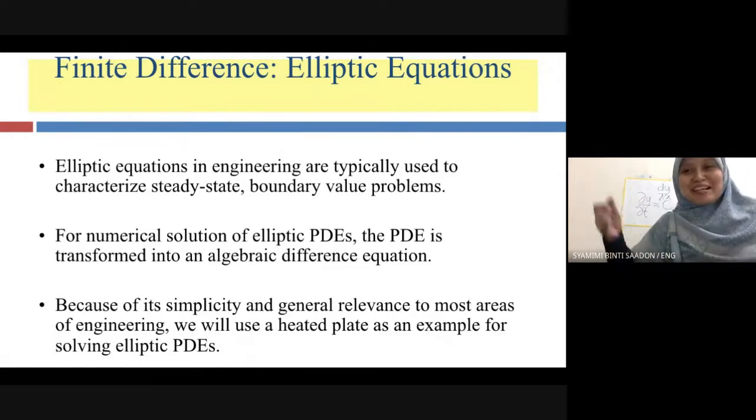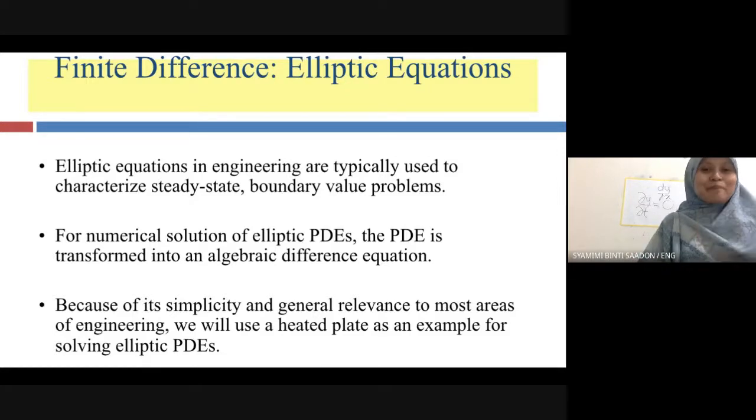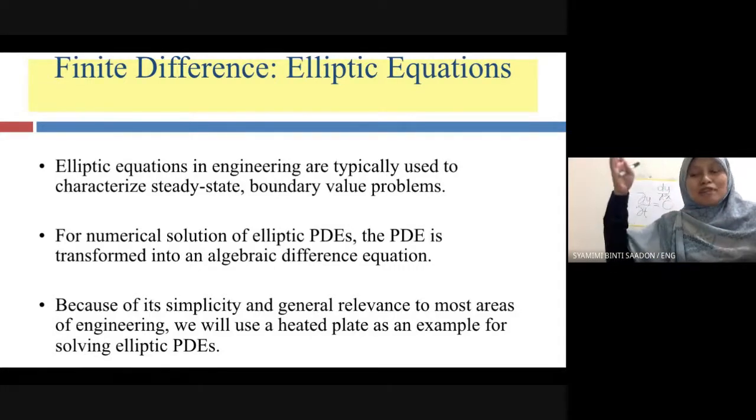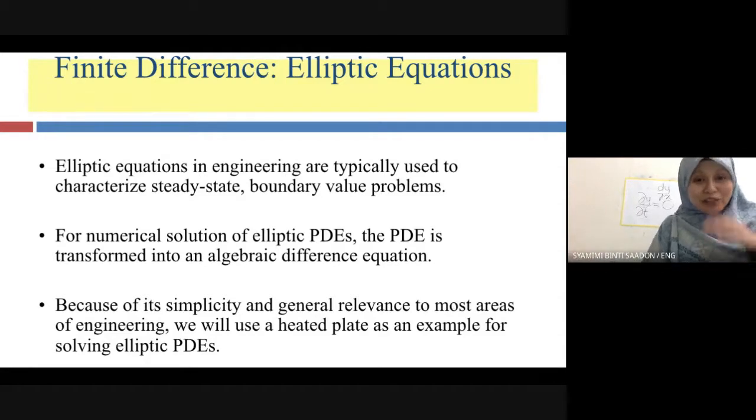So basically we combine all the things that we have learned in chapter 1, chapter 3, chapter 4. Now we are in chapter 5. We transform the PDE into an algebraic difference equation, normally in terms of a matrix equation, and then we apply Gauss-Seidel, which we learned in chapter 1.